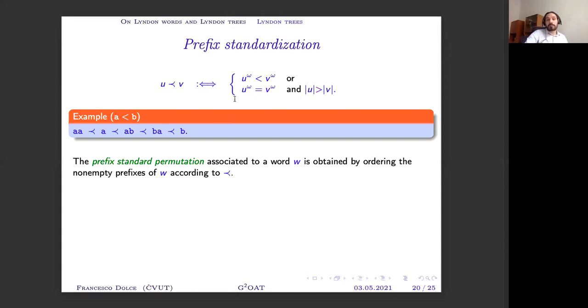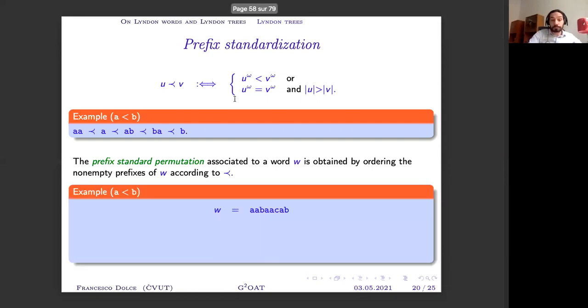Using this order, we can associate to a word what is called the prefix standard permutation, that essentially just considers all the prefixes in order. And again, I will show you an example, it would be easier. Pick again the word A, A, B, A, A, C, A, B. The smallest prefix, according to this order, is the prefix AA.